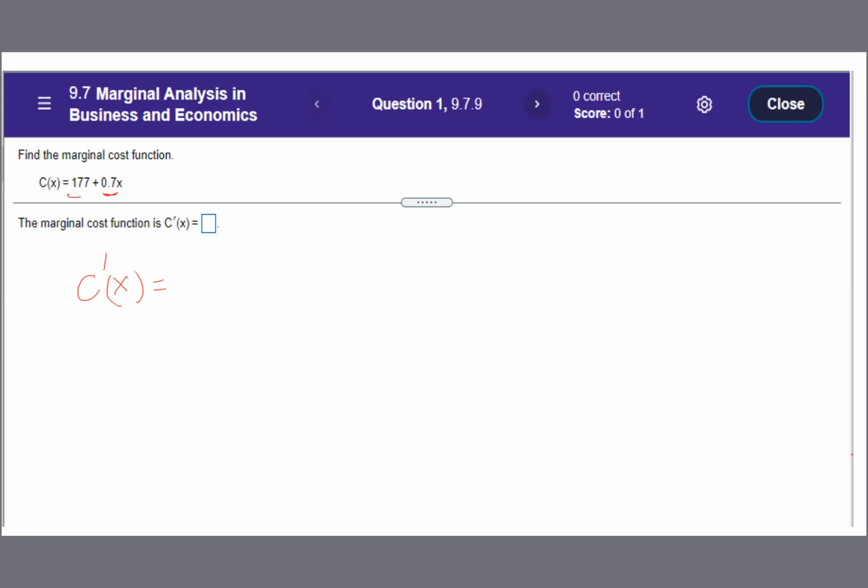Recall the derivative of a constant is 0. So the derivative of 177 is 0, plus the derivative of 0.7 times x is 0.7. The marginal cost, which is a function of x, is 0.7. Notice here that our cost function is a linear function and the derivative of a linear function is the slope.